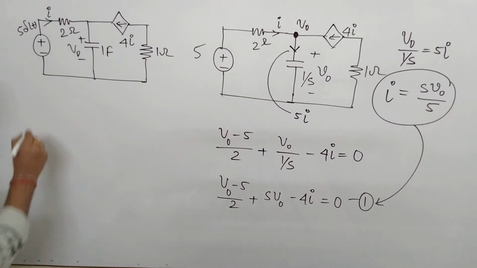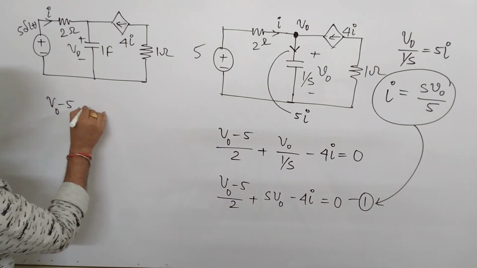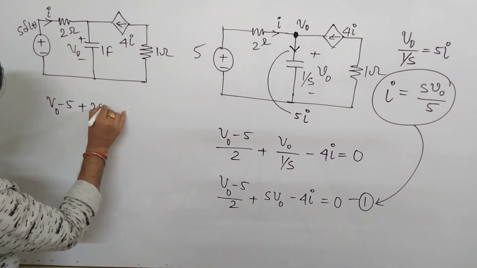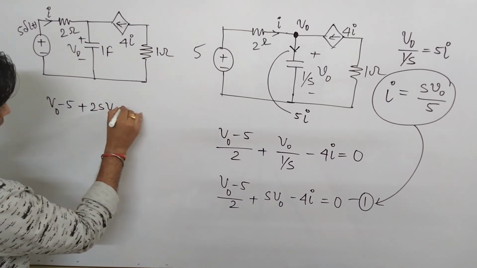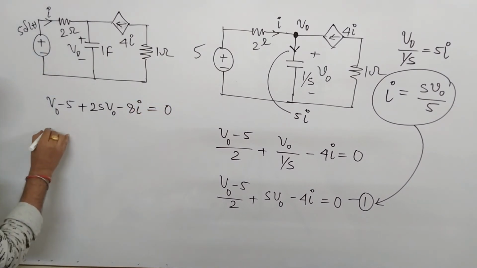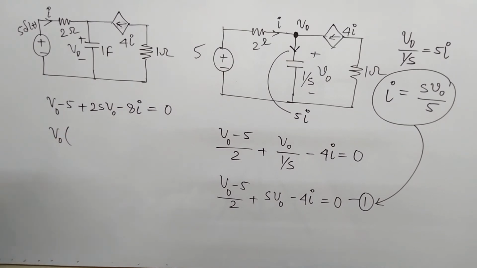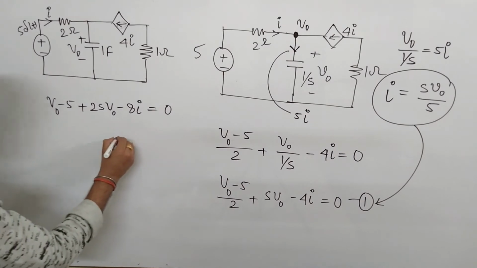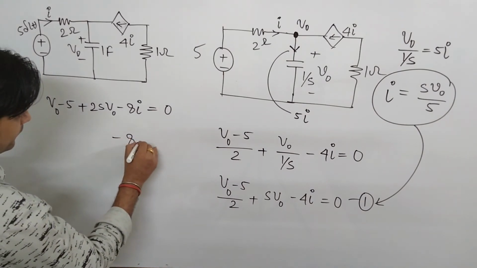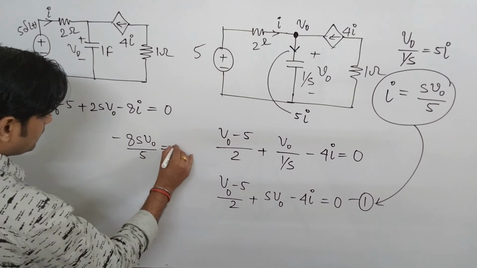Just multiply it by 2 in this equation. So that comes to be V0 minus 5 plus 2sV0 minus 8I is equal to 0. Instead of taking V0 as common first, we will put the value of I, which is sV0 upon 5, so minus 8 into sV0 upon 5.